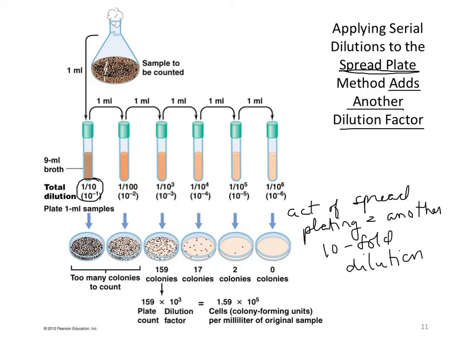So in effect, the dilution that we would be seeing on this plate would be 10 to the minus 2, and this plate it would be 10 to the minus 3, and so on down here. This would be 10 to the minus 7. And when we were doing the calculations then, the dilution factor wouldn't be 10 to the 3, it would be 10 to the 4. So that's just something to remember for future use.